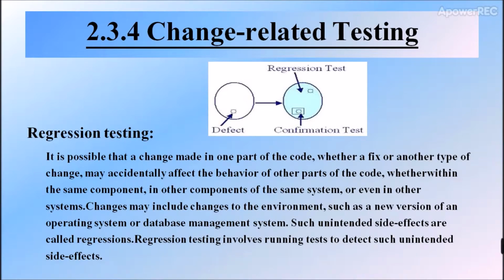So for example, we have module A and we have fixed a defect in it or changed some functionality, and we retest module A again, but in regression testing we will test all the modules that are influenced by a change in module A. Here in regression testing we test after any type of change, whether it is a change in the environment or in the software itself. The effect that happens is called regression. That's why we perform regression testing in order to find the regression.